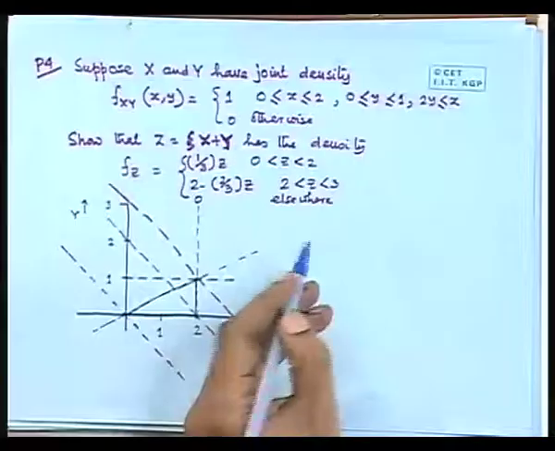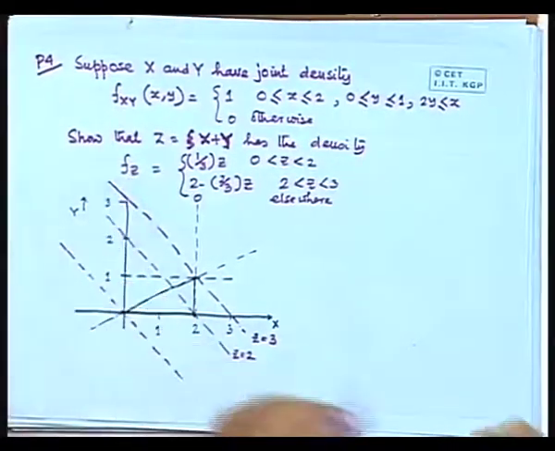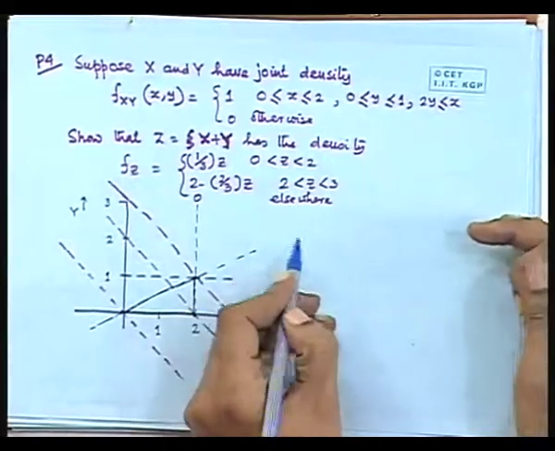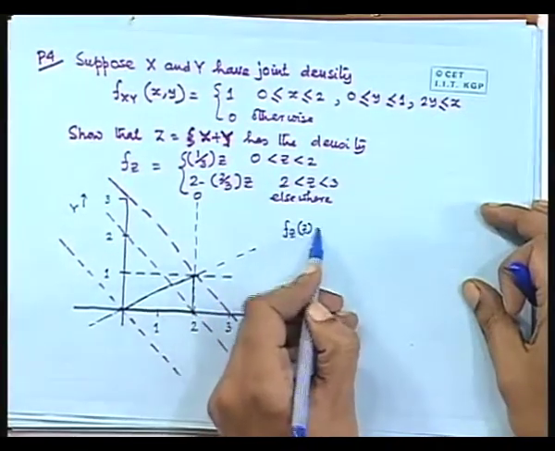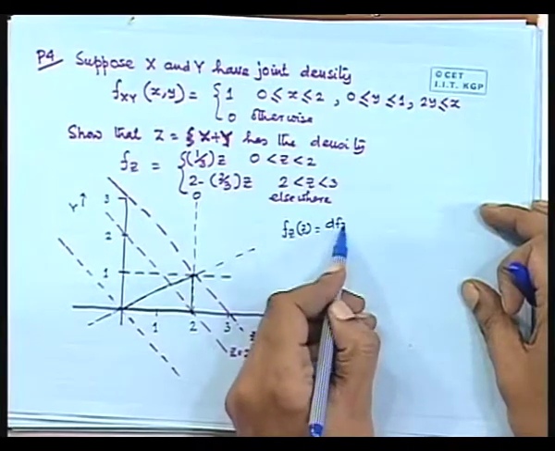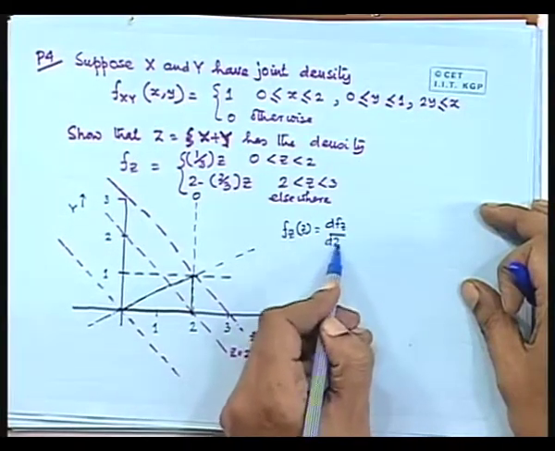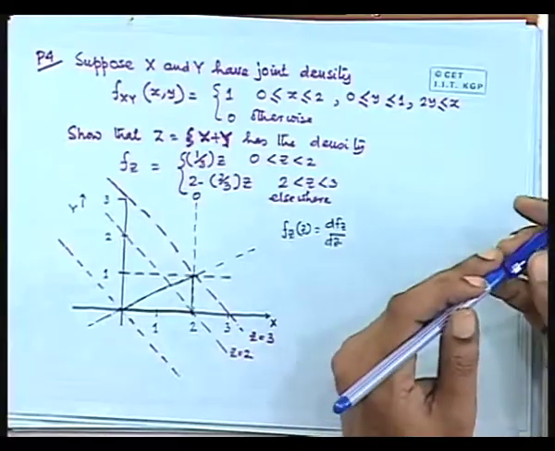So now the question is, we have to find out what is fz, right? Fz is dFz by dz, the derivative of the distribution function. What is Fz?